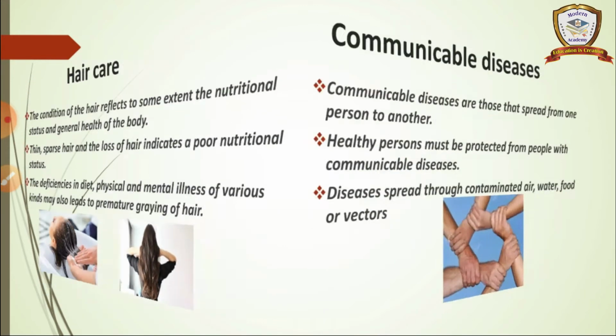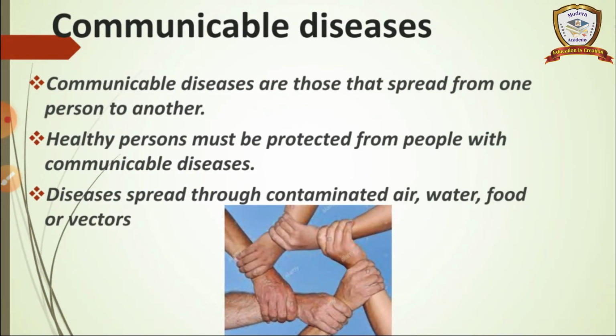Now let us see communicable diseases deeply. Communicable diseases are those that spread from one person to another. Healthy persons must be protected from people with communicable diseases. Diseases spread through contaminated air, water, food or vectors.